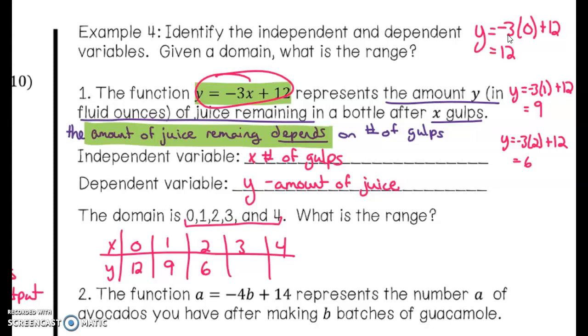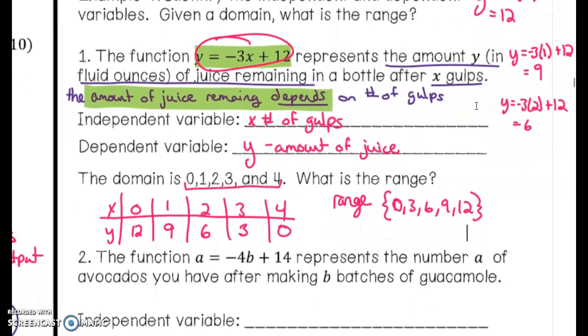So after 2 gulps, there's 6 ounces left. If you plug in 3, you're going to get 3. And if you plug in 4, you get 0. And that's because after 4 gulps, you have 0 ounces left. So the range is going to be, let's see here, if I go in order, 0, 3, 6, 9, and 12. And I'm just going to list it off like that for each point they gave me.